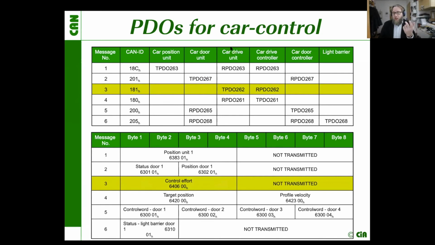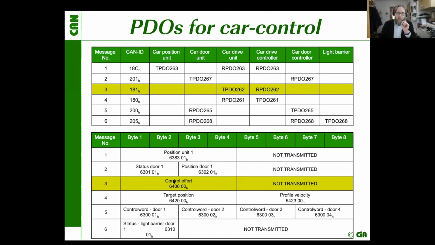And whether it should be transmitted or received basically depends on the functionality which is implemented on the physical device. And the functionality, the virtual device, is then, in this example, either the car drive unit or the car drive controller. So that means if the car drive unit is being implemented, the message is being transmitted as a transmit PDO, or if it is the car drive controller, it's being received as a receive PDO.